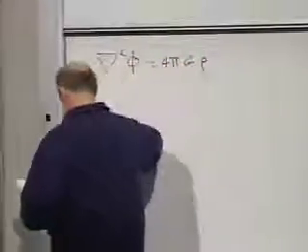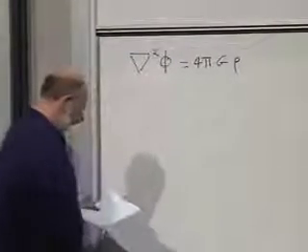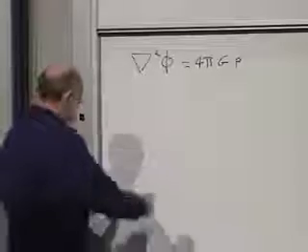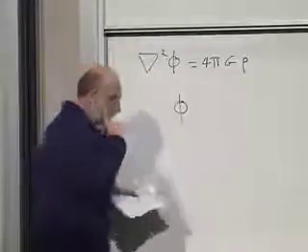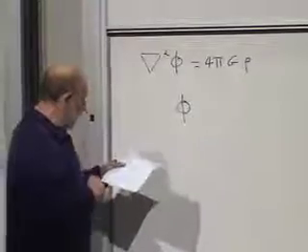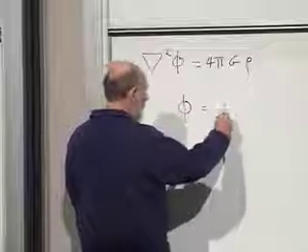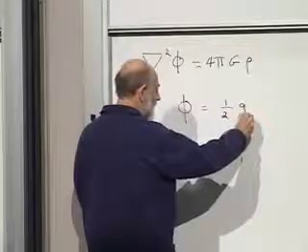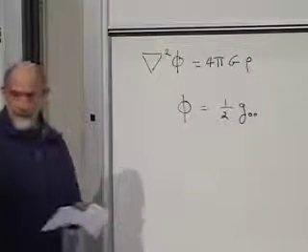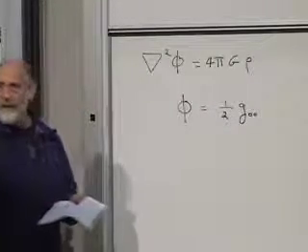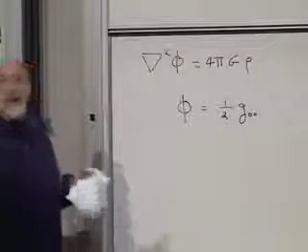What we found out was that the gravitational potential was like 1/2 of g naught naught. Now that's not correct. What actually did we find out? G naught naught is 2 phi, plus a constant.